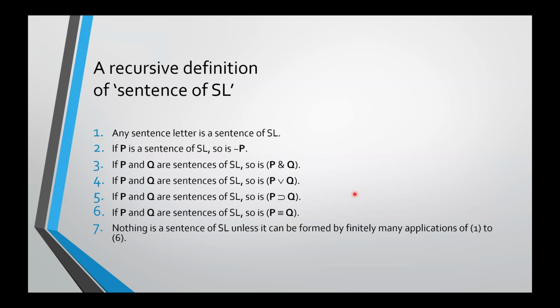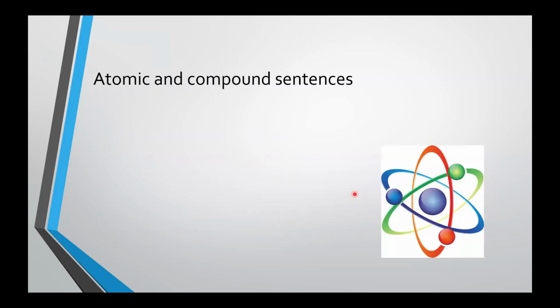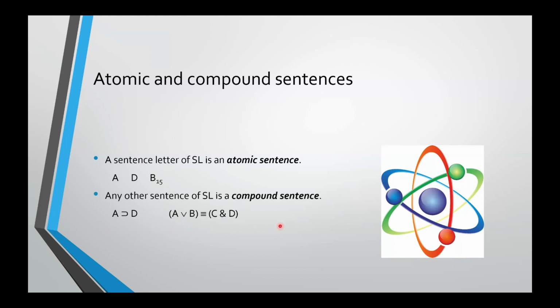Okay, so with that in mind, we can start defining some important concepts. First of all, we'll have a distinction between atomic and compound sentences. So any sentence letter of SL is an atomic sentence. Anything else, right? So anything that contains connectives is called a compound sentence.